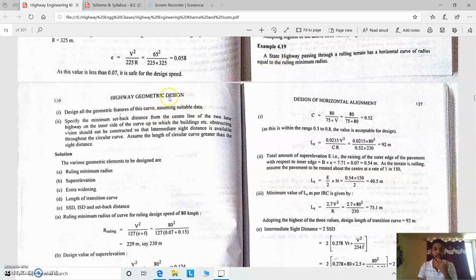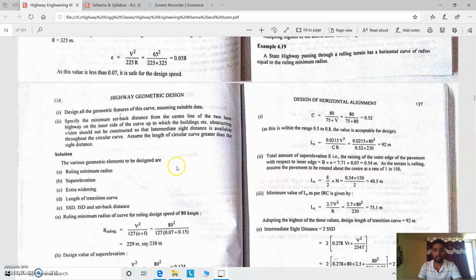And in this question the data is given as: design all geometric features of the curve. They have not given what the geometric elements of the curve are. Assuming suitable data, specify the minimum setback distance from the center line of a two-lane highway on the inner side of the curve up to which buildings obstructing vision should not be constructed, so that intermediate sight distance is available throughout the circular curve.